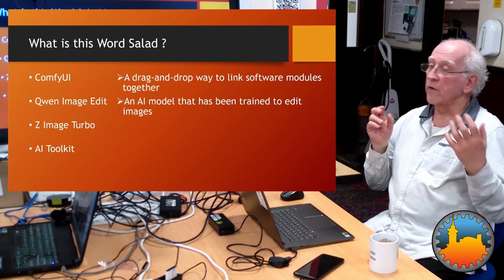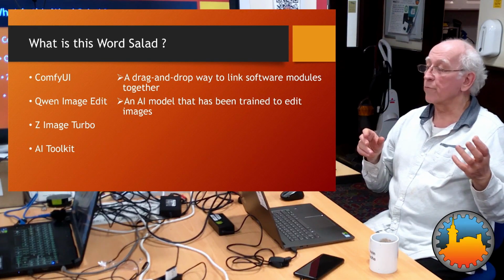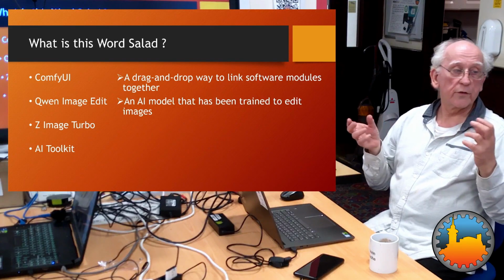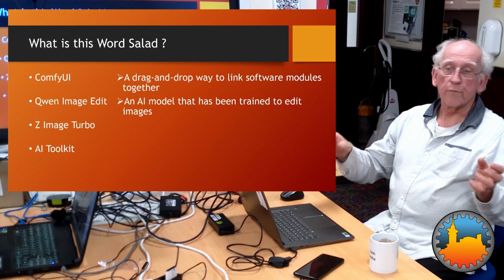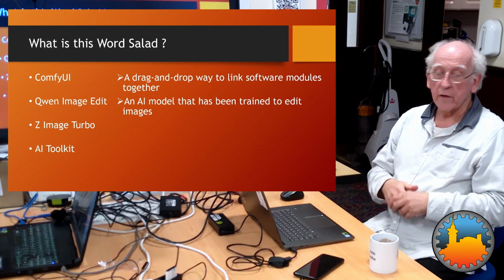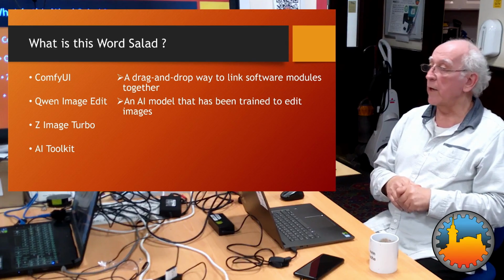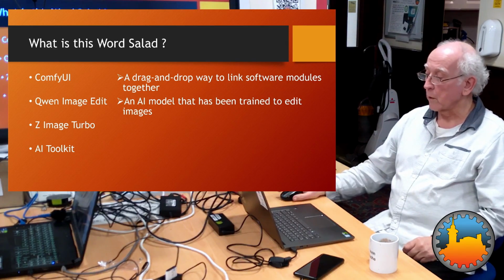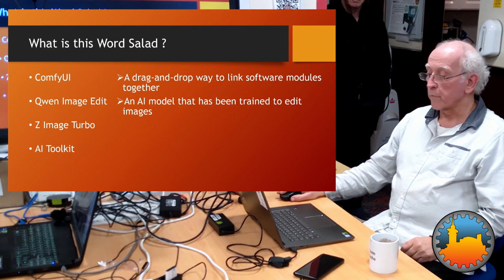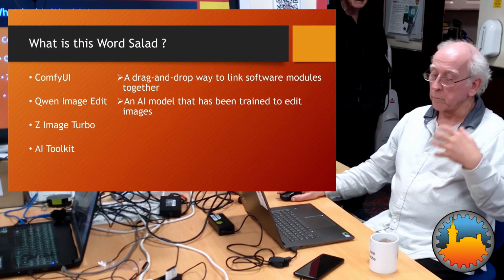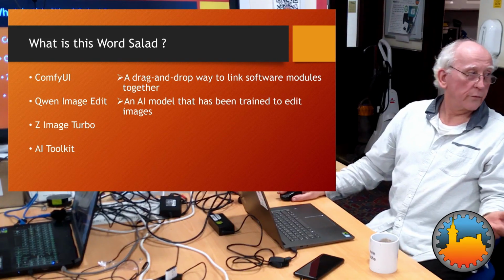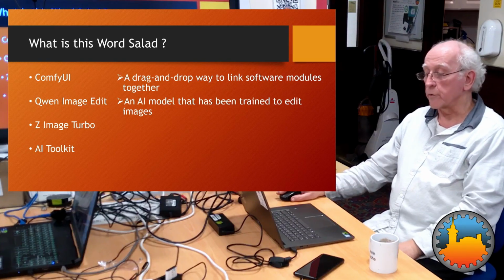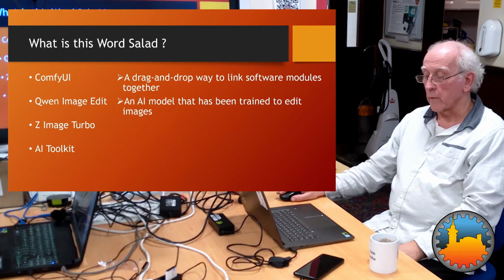So it's been given millions of images, two versions of each image, one before and one after, and then it's been given a bit of text that describes the change between the two images, because it's learnt what the text means. It allows you to edit an image.